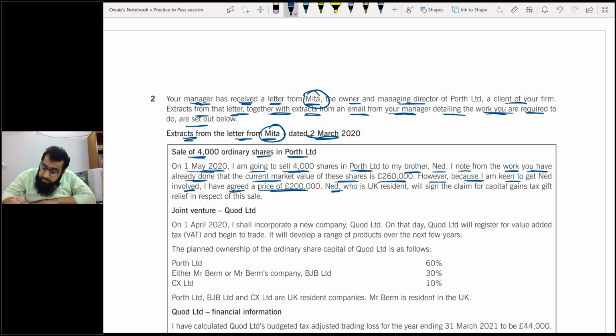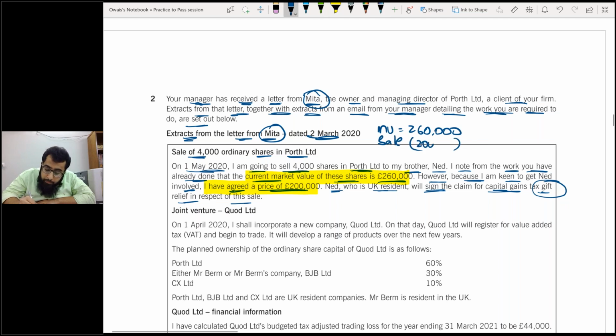Ned, who is a UK resident, will sign the claim of capital gains tax gift relief in respect of this gift. Now, if you look carefully, the market value is 260,000, but she will sell it to Ned for 200,000.